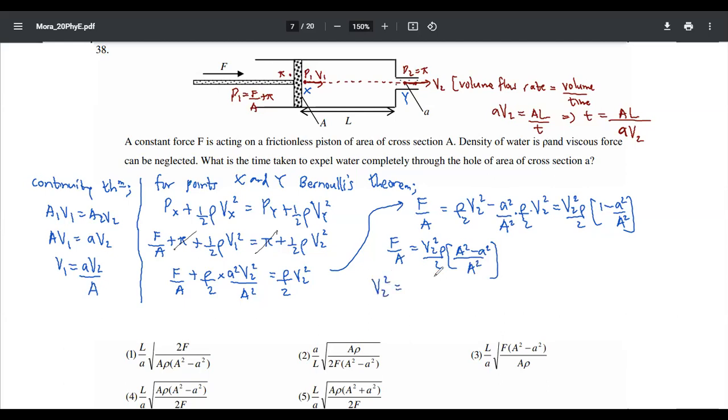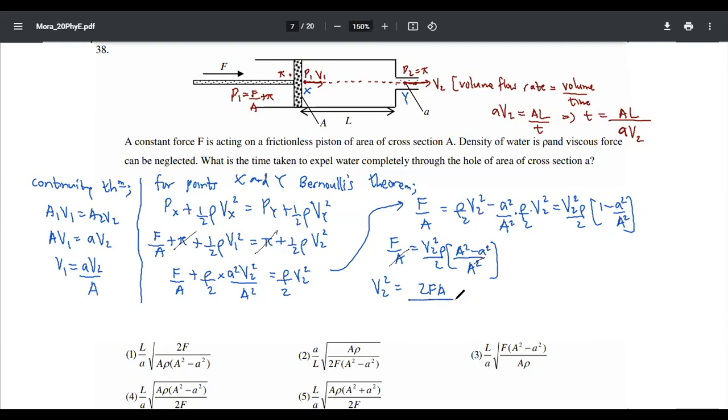V2 squared is equal to 2F, 2 goes up, 2F A squared, sorry. Wait, it should be A because you can cancel out one of the A's here. Cancel it out. 2FA goes up.